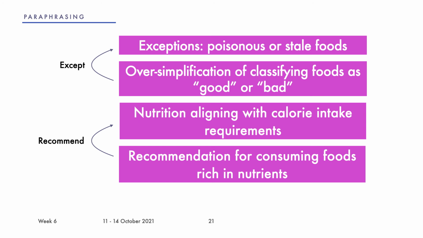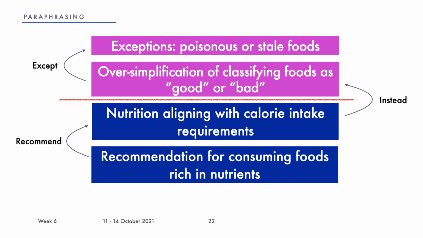So then we will move on to look at the overall relations among two parts of the text. And you may put it like this. You can break the whole idea down into two bigger parts. So we have the first idea about classifying foods as good or bad would be some kind of an oversimplification.